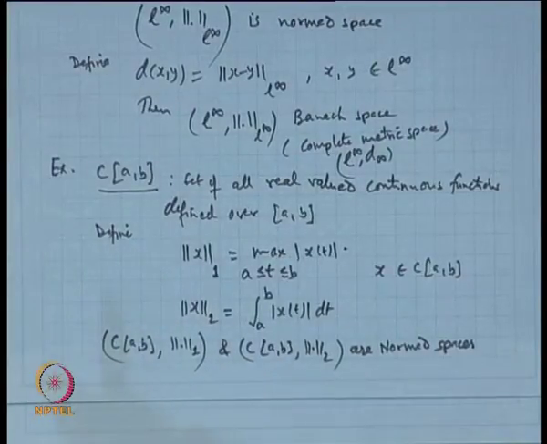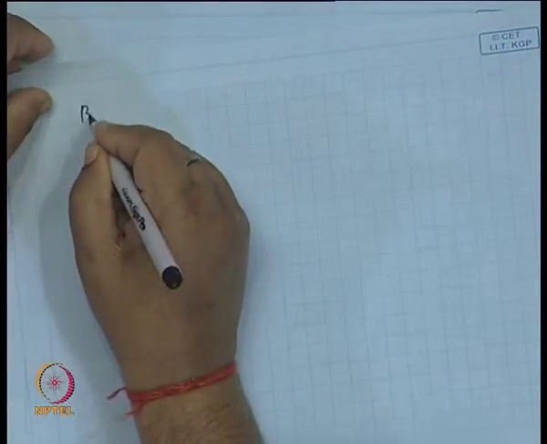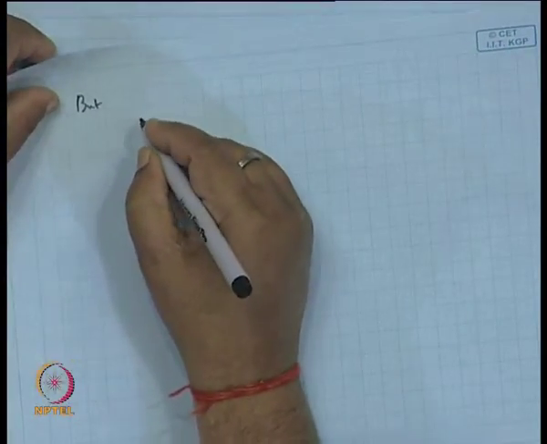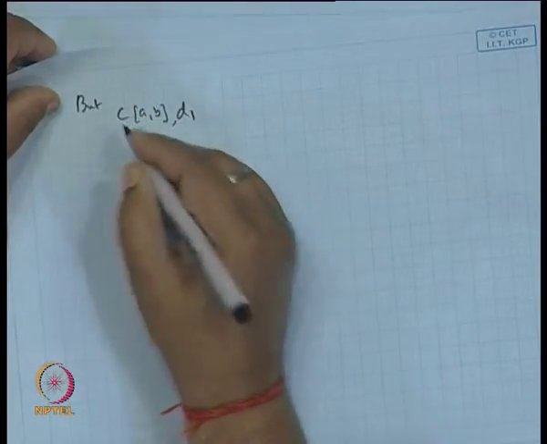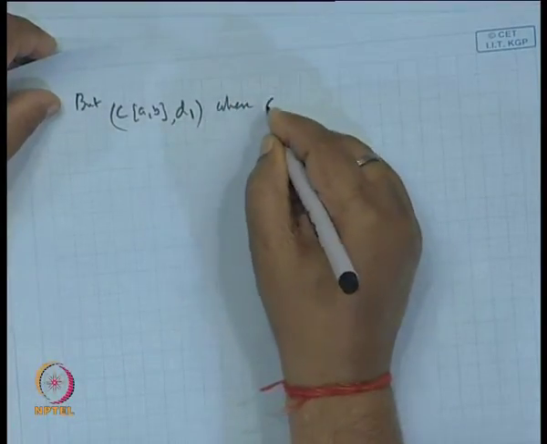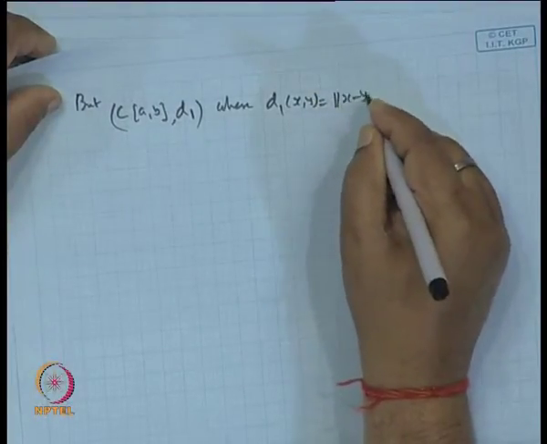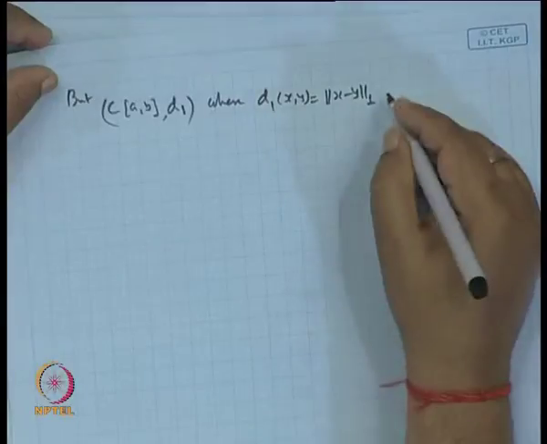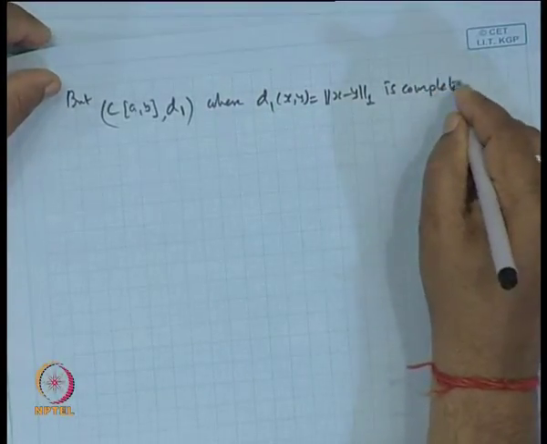But if I introduce the notion of distance here in C[a,b] with the help of the first norm, that is, C[a,b] with the metric d1, where d1(x, y) equals the norm of x minus y, subscript 1, it is a complete metric space.